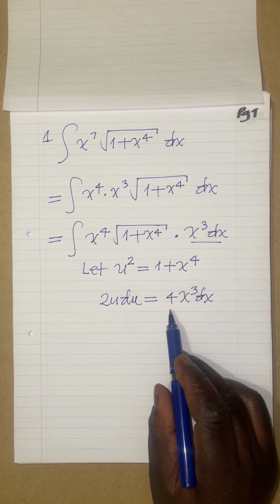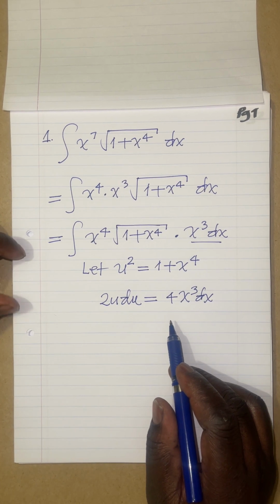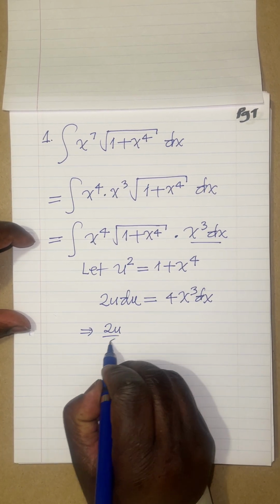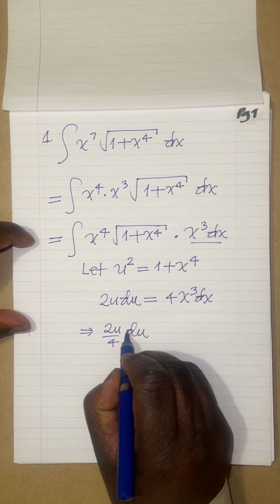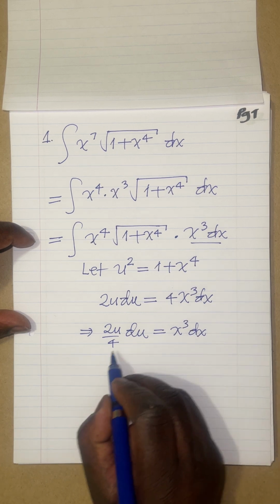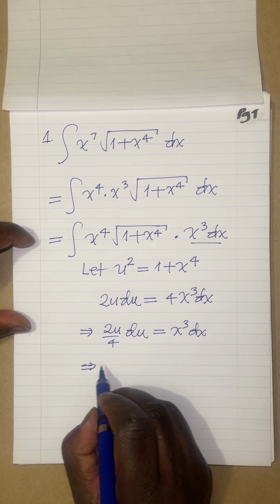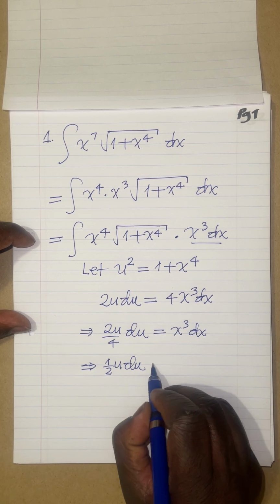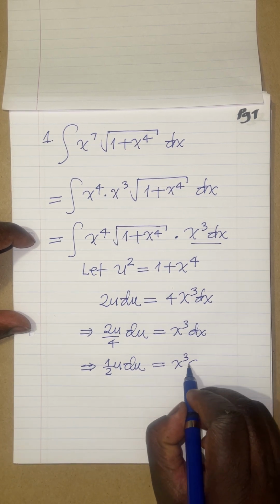So the 4 must go there. So what do I do? I divide both sides by 4, and what I get is 2u over 4 du is just going to be equal to x^3 dx. Simplifying this expression on the left, I'm going to get half of u du. The answer is equal to x^3 dx.